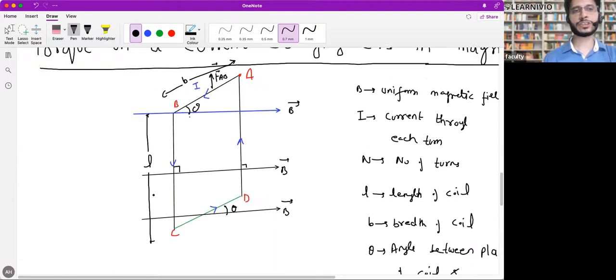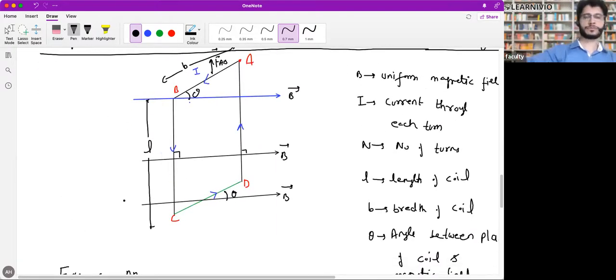For the direction, you can again use the right hand thumb rule. Now the current is going inwards, so place your finger in the inverse direction and curl it towards the magnetic field. The thumb is going downwards. So FCD is downwards, and FBC is outwards.